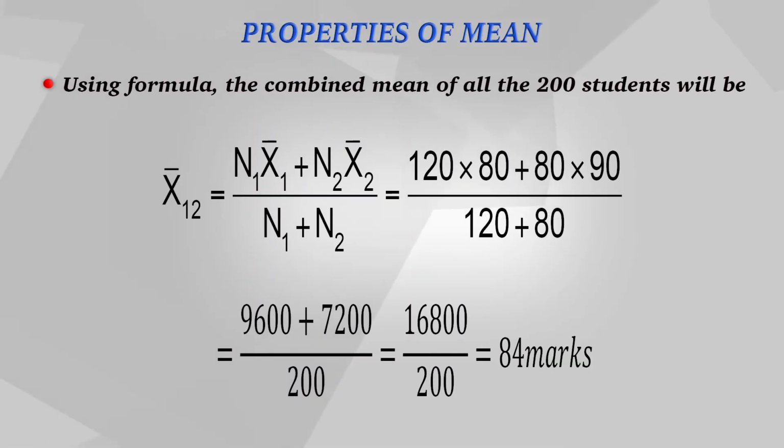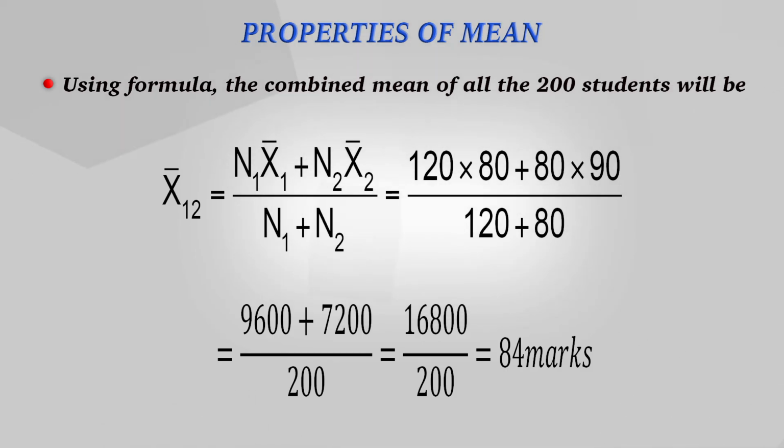So, n1 is 120, n2 is 80, x1 bar is 80 and x2 bar is 90. The combined mean is calculated by multiplying the number of observations and means of the groups and taking the sum: 120 into 80 plus 80 into 90, divided by 120 plus 80, the total number of observations in both groups. After the algebraic manipulations, we see that 84 marks is the average of both groups, that is the combined group.